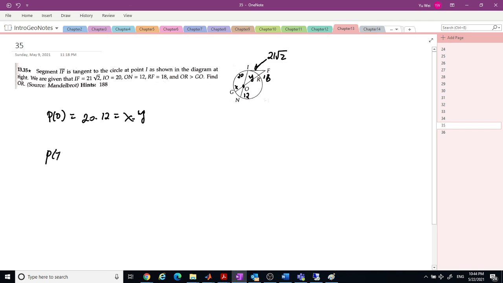So the power of the point F is equal to IF squared, which is 21 root 2 squared, is equal to 18 times 18 plus x plus y. Okay, so now you have an equation. We are able to solve it.